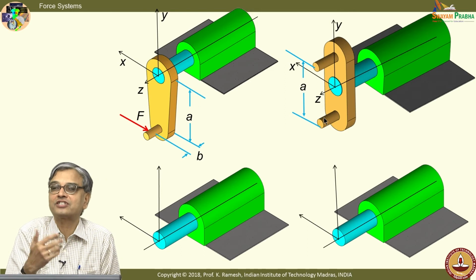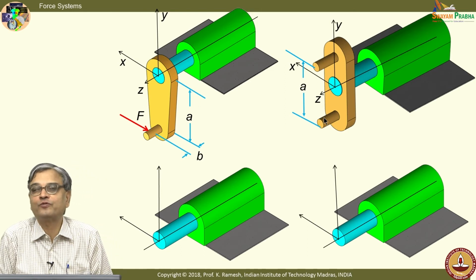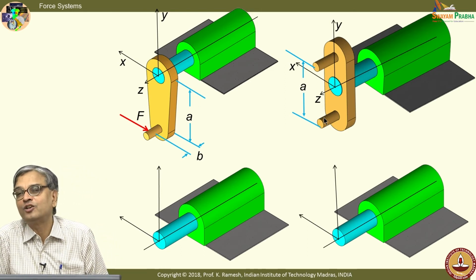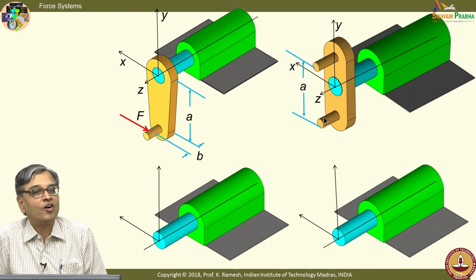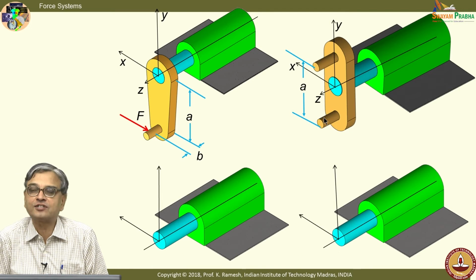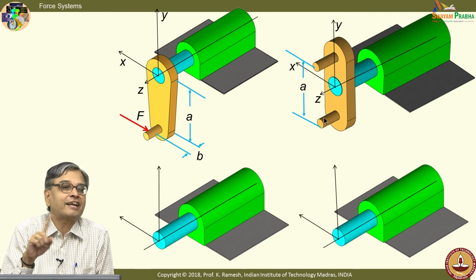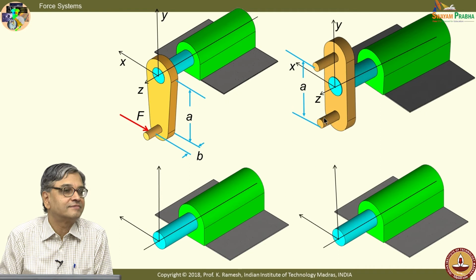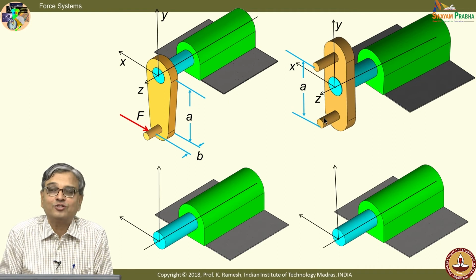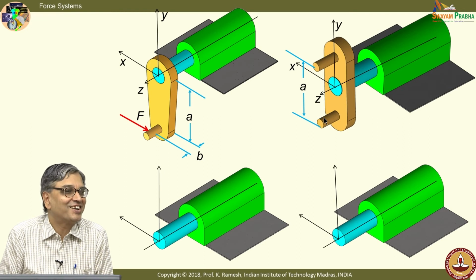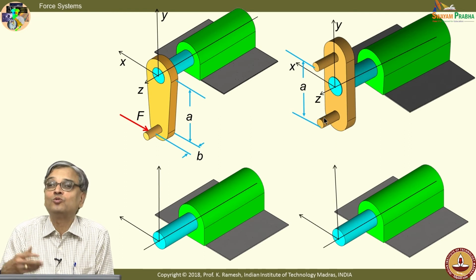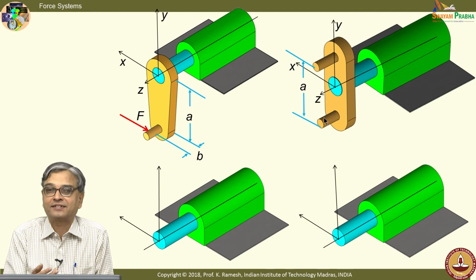What is your first take on it? Do you find that I rotate the handle with one hand, or I put 2 forces on the pins and then try to rotate it? Anyway, when I ask you the question, there has to be some difference. So, let us see what it is, and you have enough background to do that.